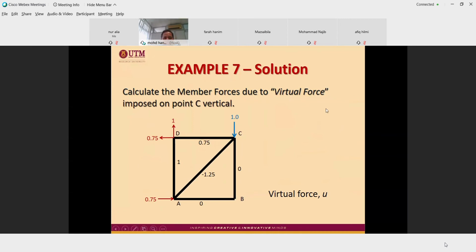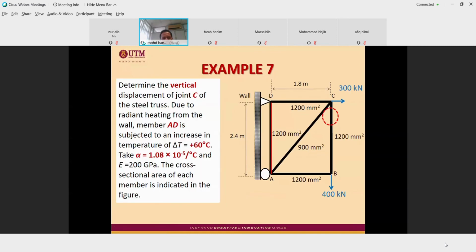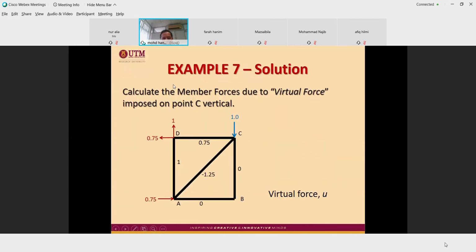The point in question is point C. The point to be calculated for the deflection is point C. Therefore, the unit load or the virtual force is to be imposed on point C, vertical or horizontal. Look at the question. The question is vertical displacement. So we put here a vertical force of 1 unit load at point C.